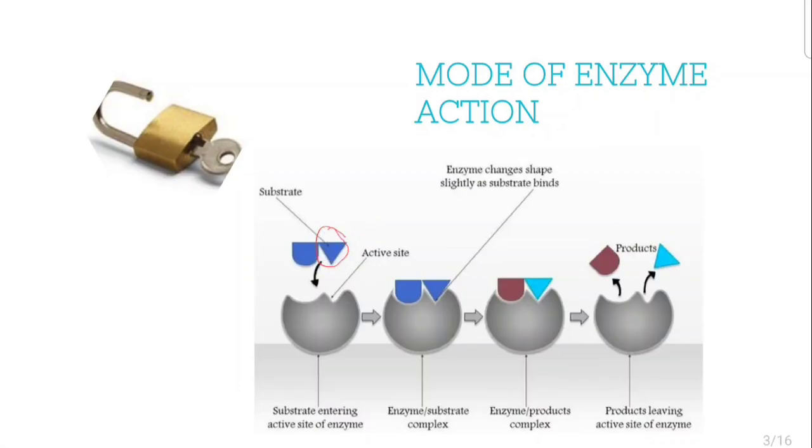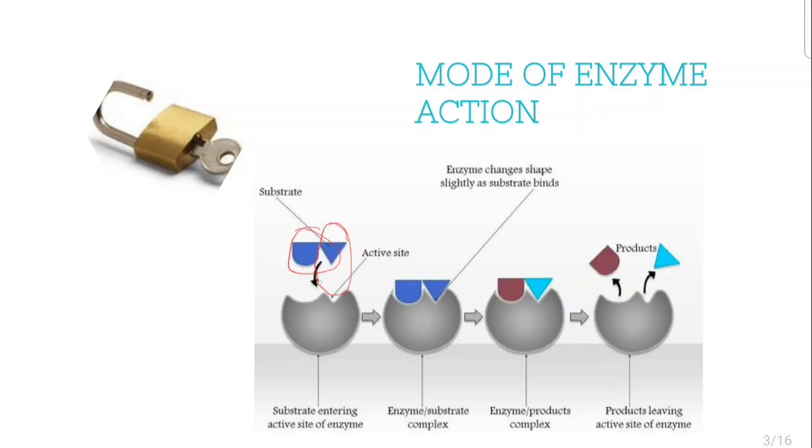Next is your enzyme. This is the active site of your enzyme, and once your substrate enters the specific area, this lock and key model, as you can see, has a specific shape that your substrate will bind to.